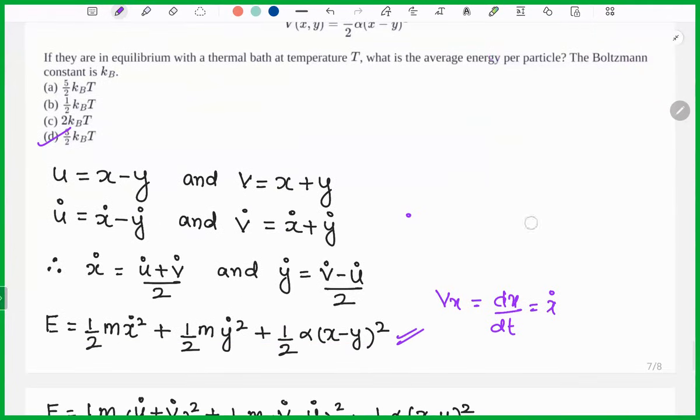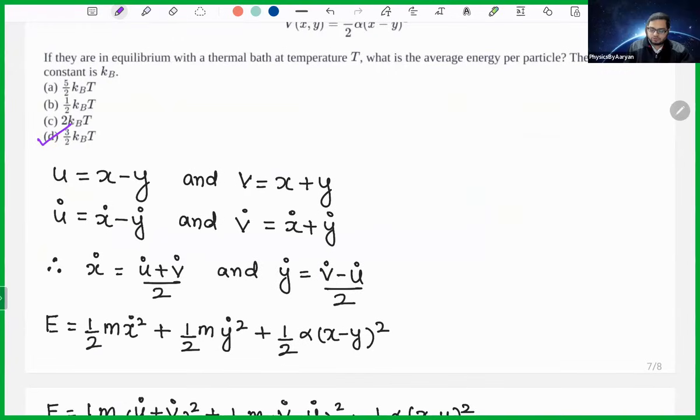Sir, can we do like this, u is equal to x minus y, and v also is equal to x minus y, as it is x minus y whole square? No, if you take u as x minus y and v also x minus y, then u and v are equal. So that is obviously wrong.